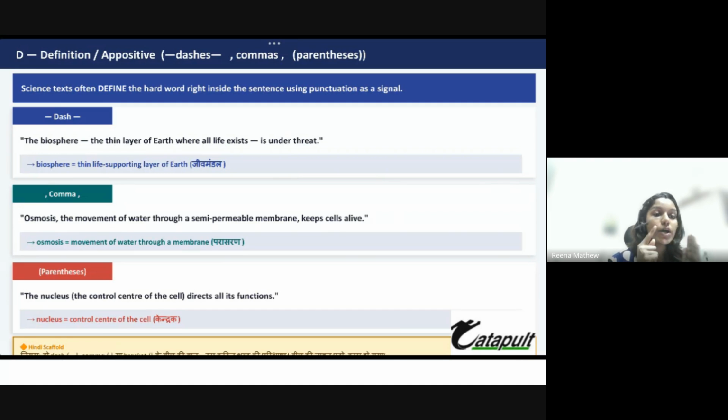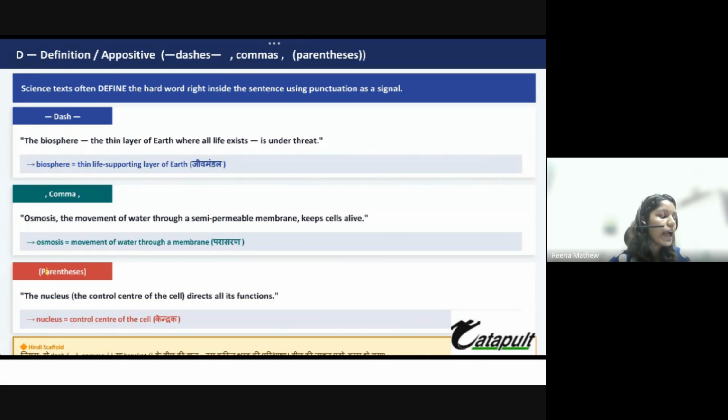Okay, but the meaning of biosphere is inside the dashes. So you read that and then you try to understand. Same for the second sentence, osmosis, that is the movement of water through a semi-permeable membrane. So osmosis, even if you don't know, the meaning is inside the commas that come afterwards.